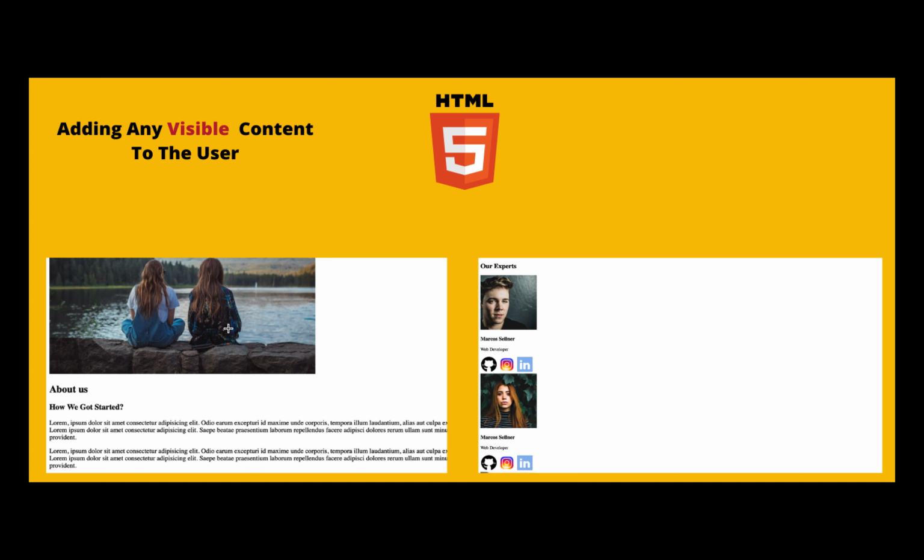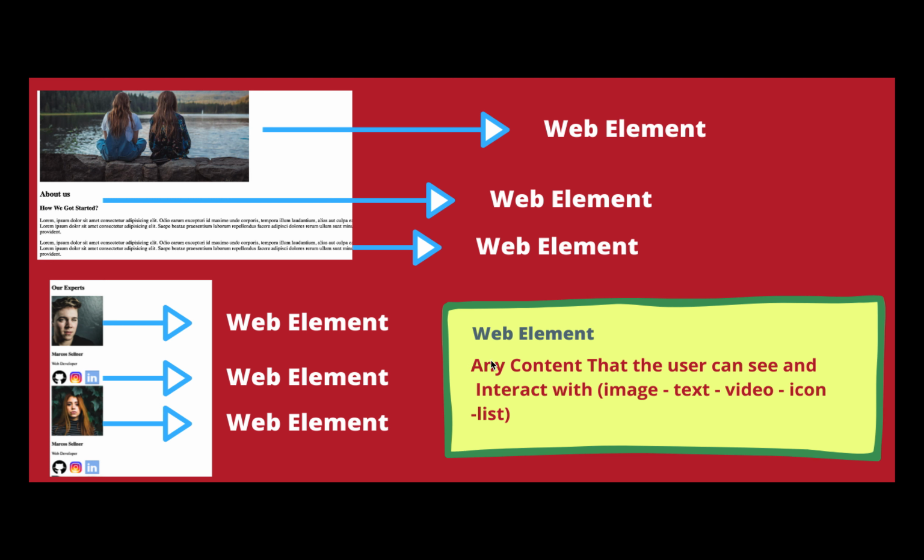HTML is going to add any content that the user can see and interact with, whether it's an image, a text, a video, an icon, or a list. So these are the types of content HTML can add for us.